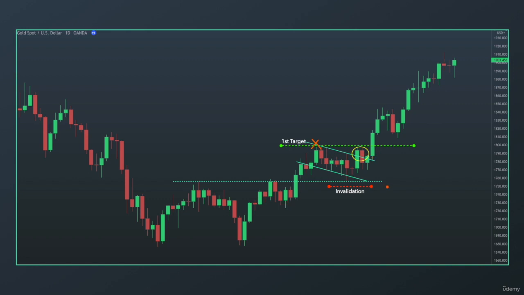What we're going to do is place our target at a measured move. From point A, the start of this impulsive move, to point B, plotted at the end of the correction, from point C to point D, and this will be our target.